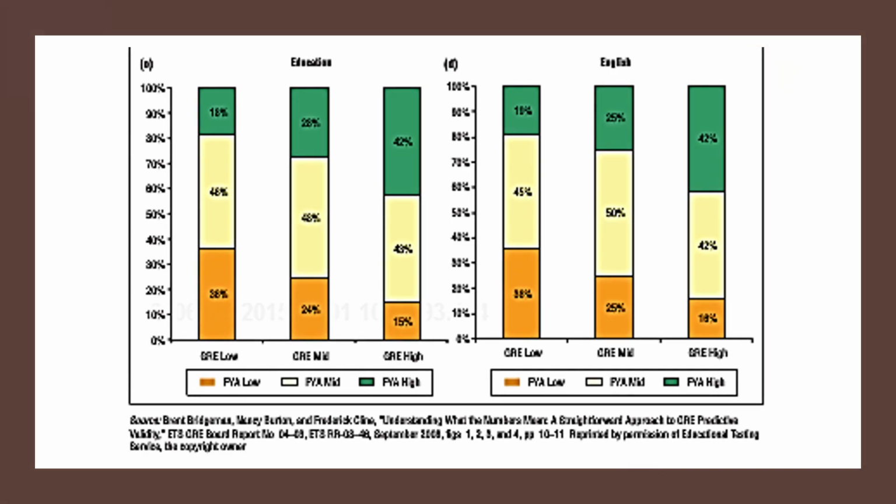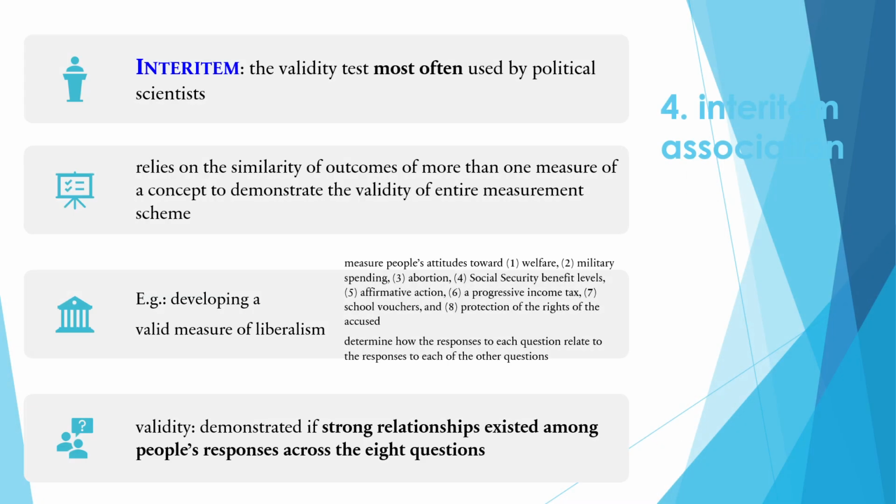Now, there is a different kind of association which is called interitem, and so we think about the similarity of different measures. For example, if I'm measuring liberalism, I can't do that with just one measure.